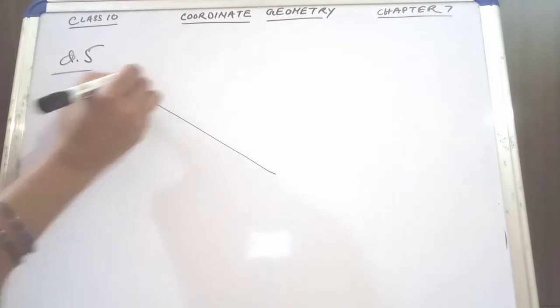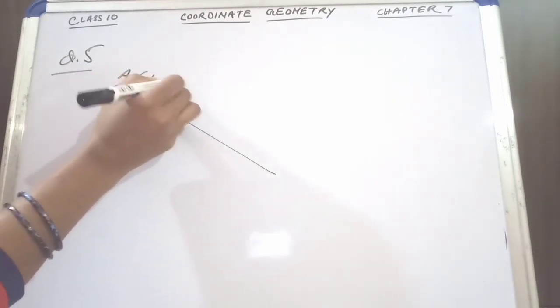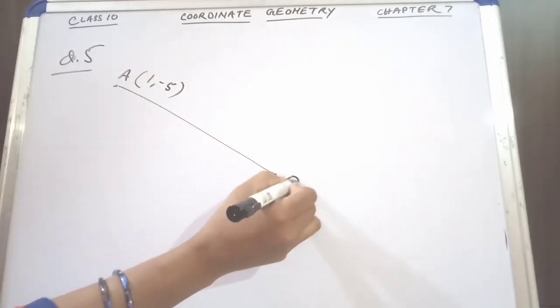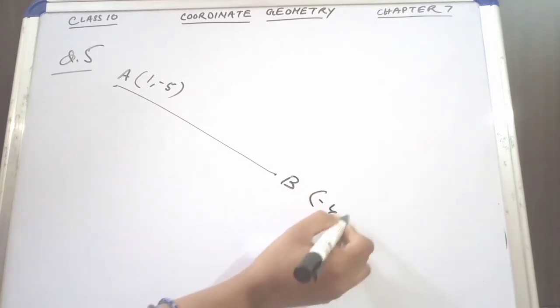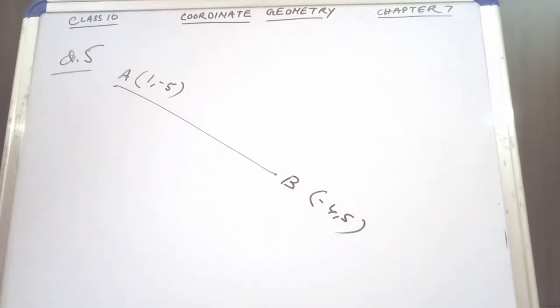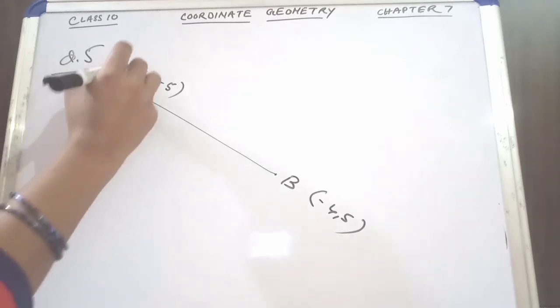Question number 5. Given that a line segment, suppose this point A with coordinate (1, -5) and this point B with coordinate (-4, 5). Given that this line segment is divided by the x-axis.